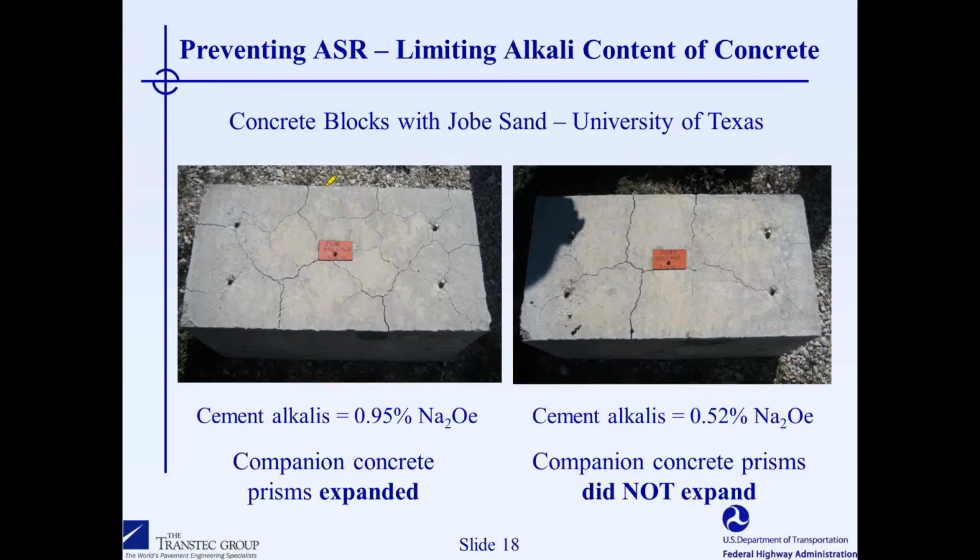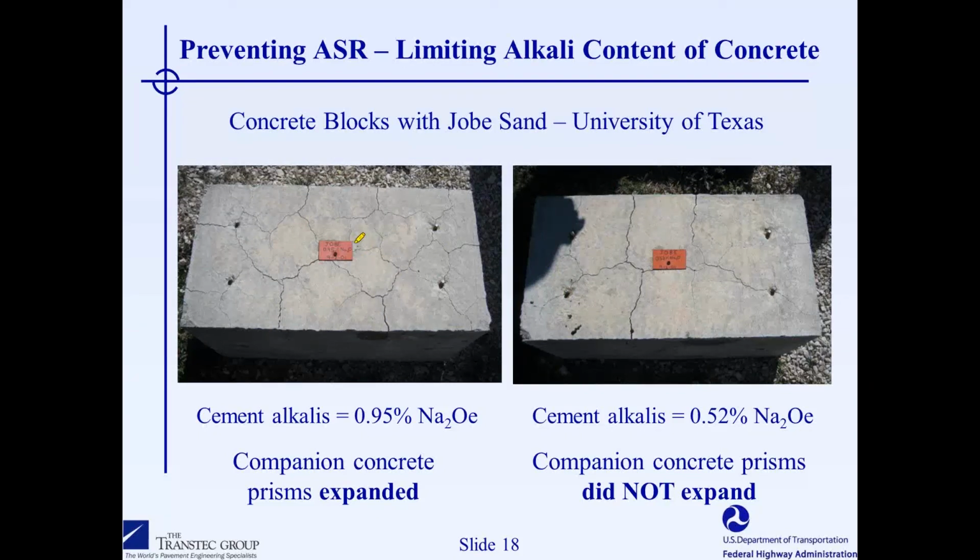In field exposed structures with large concrete elements, the leaching is insignificant. Another example that you saw last week, and I'm being deliberately repetitive here because I know this was a week ago. This is data from the University of Texas exposure site, where they found expansion with this specific aggregate, a very highly reactive aggregate called Joe.